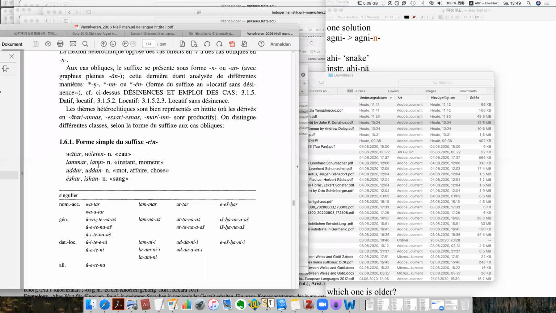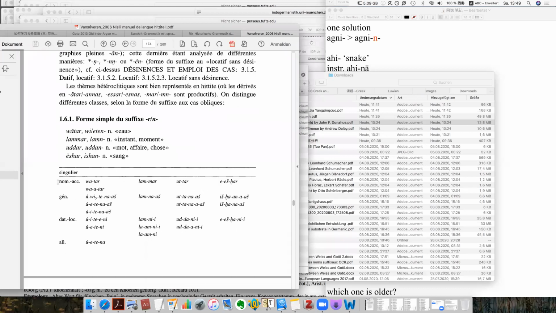Because for this class, we have nominative, accusative in R, but genitive, dative, locative, all the other forms, are N stem. So this is a typical interchange between R and N. So this stem we call the N stem.